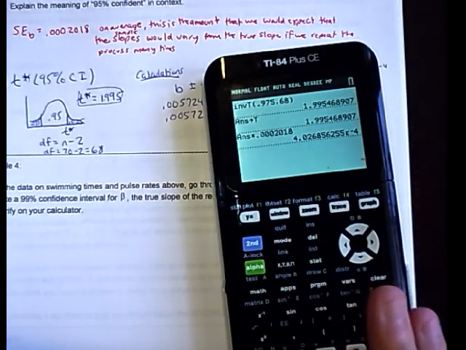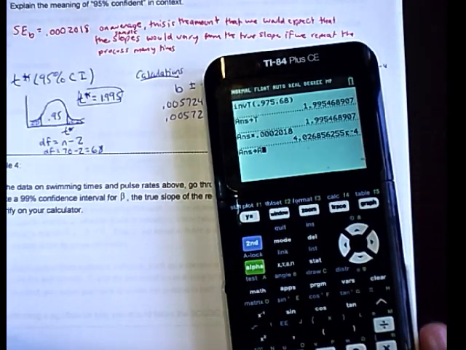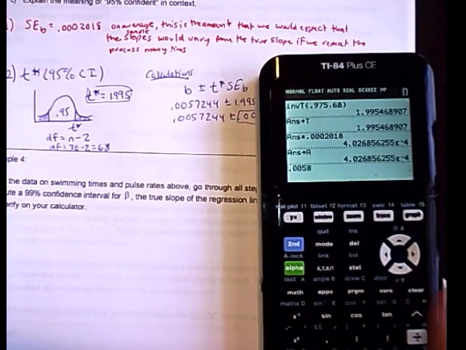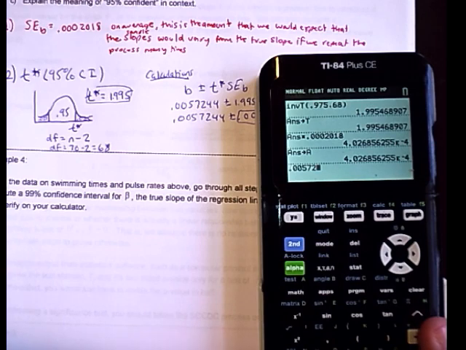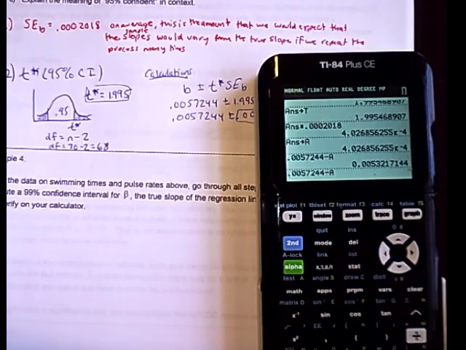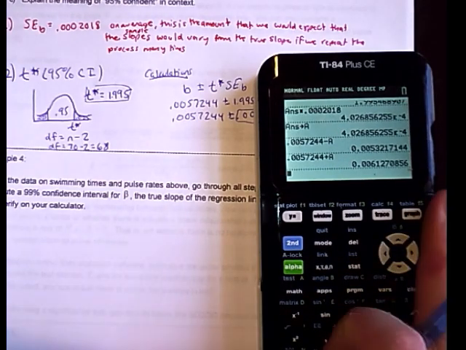So I'm just going to go ahead and store this. And we go 0.0057244 minus the margin of error. I'll do it again, I'll do plus the margin of error. That'll give me my interval.